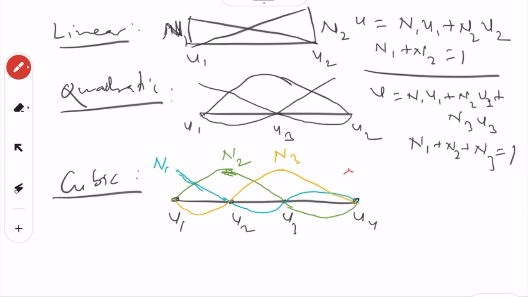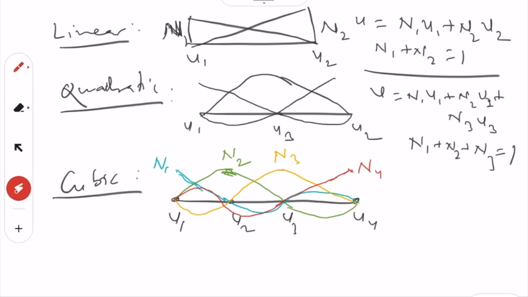So, it will go like this, like this, like this. So, this is n4, roughly drawing, but you know how it will look. So, only n4 will be 1 at node 4 and at all other places it will be 0.